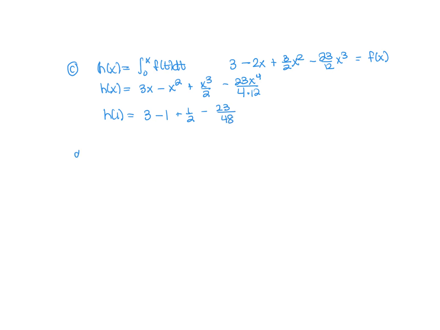Part D. Let me go back and see what it asked. So for D, for a convergent alternating series, the error is less than the first omitted term.